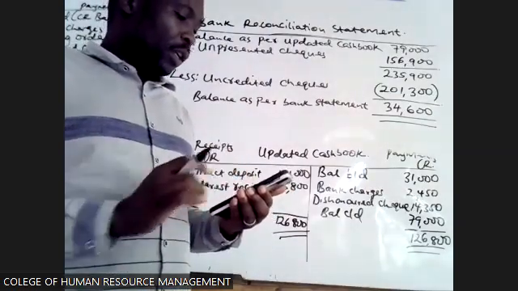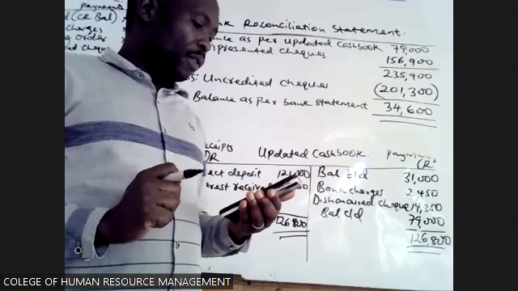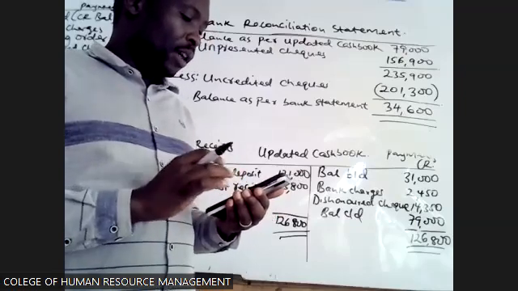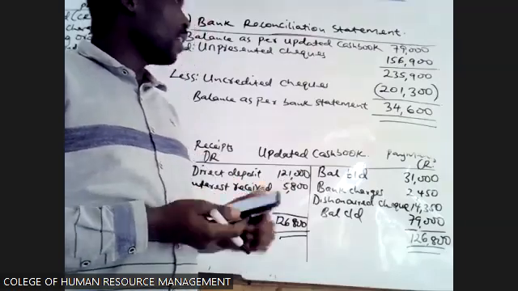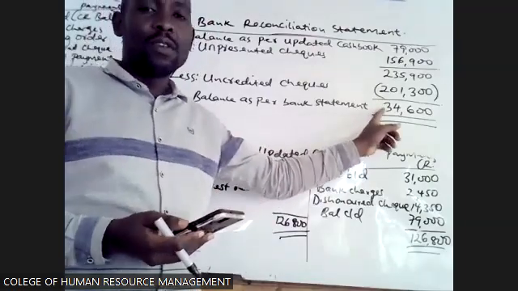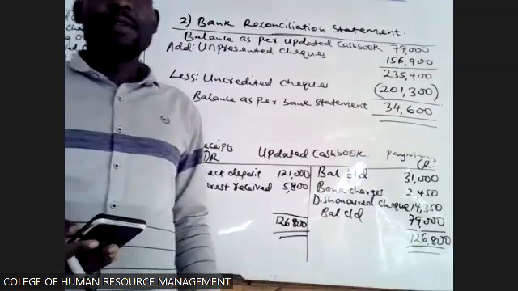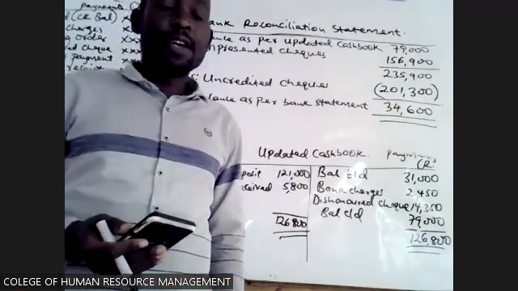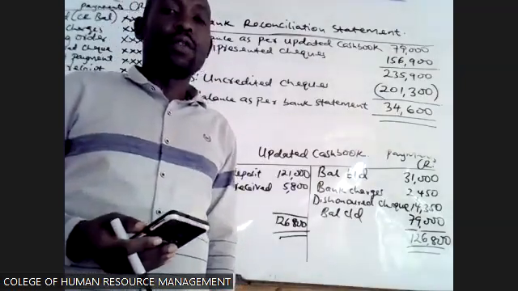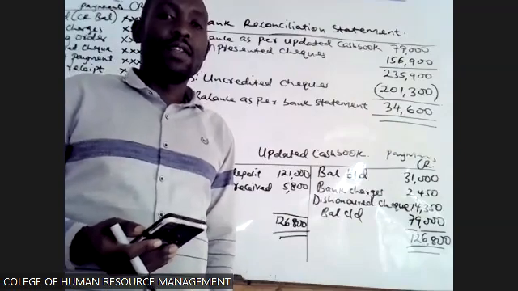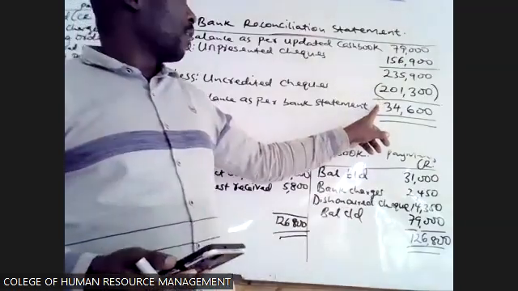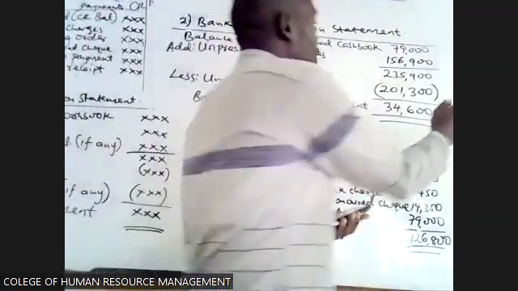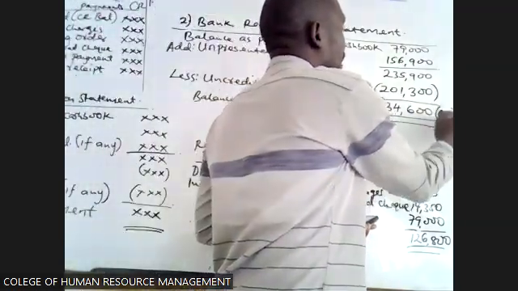On 30th April 2019, the cash book bank column of Ziwa Traders had a credit balance of 31,000, while the bank statement had a credit balance of 34,600, which is here, 34,600. When those figures are the same, you are through with your assignment. You have done the reconciliation perfectly. 34,600 in the bank statement is going to be on the credit because that is a positive figure.